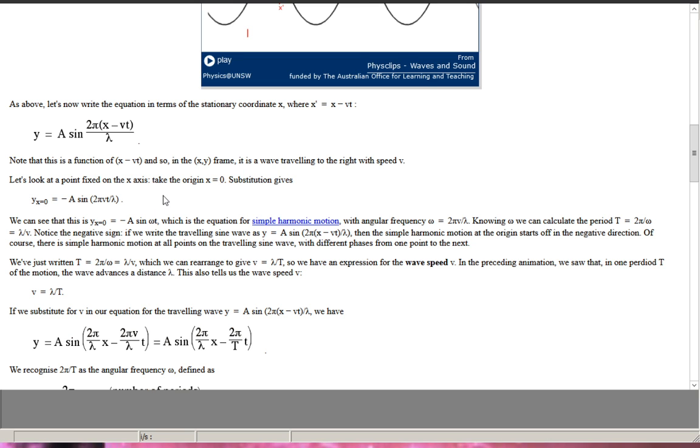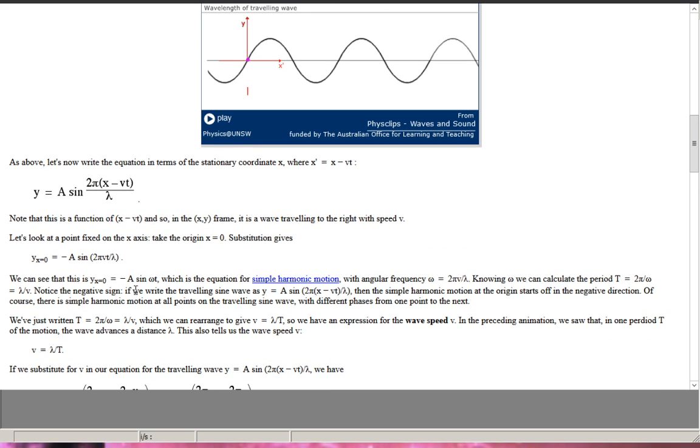We can now see that y at x equals 0 is minus A times the sine of omega t, which is the equation for simple harmonic motion.